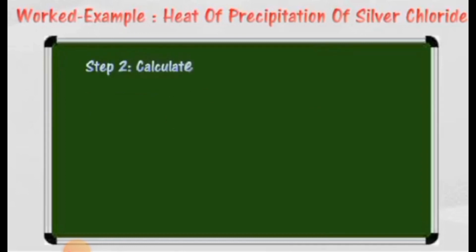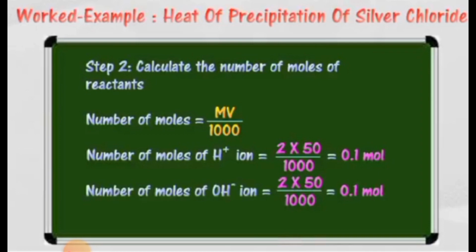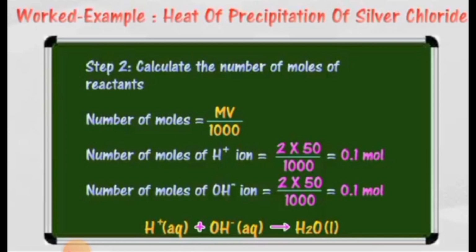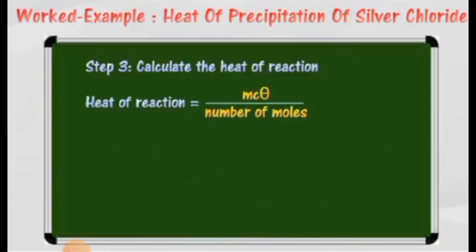The second step is to calculate the number of moles of each reactant, hydrogen ion and hydroxide ion. Next, write down the ionic equation. Lastly, link the number of moles of the reactants with the heat change, and calculate the heat of reaction. In this case, 0.1 mole of hydrogen ion reacts with 0.1 mole of hydroxide ion to produce 5,700 joules of heat.